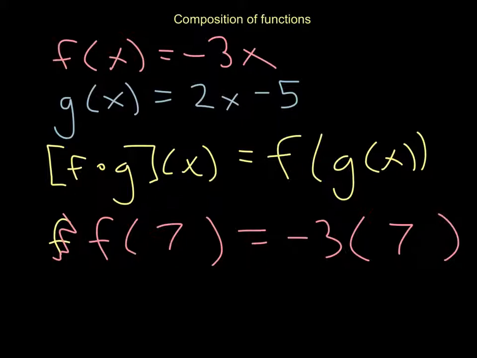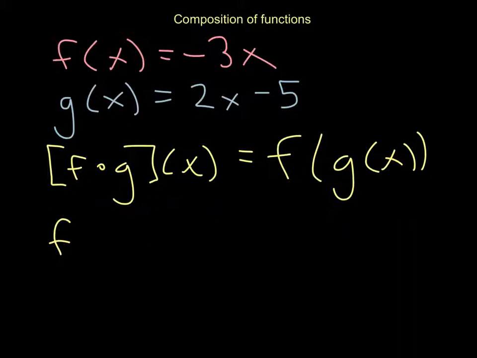But this time we're going to do something new. This time we're going to say f of something, but the something is going to be g of x. And let's see how that turns out.